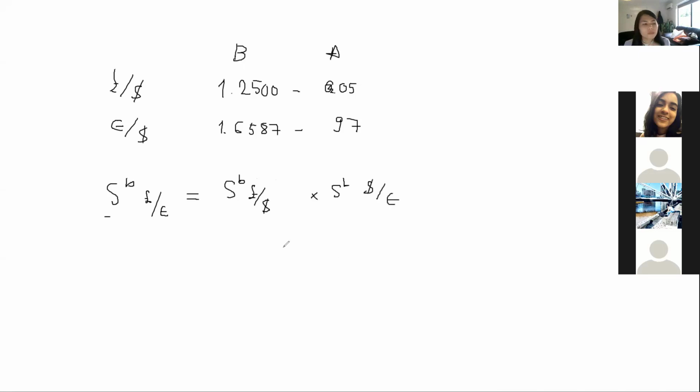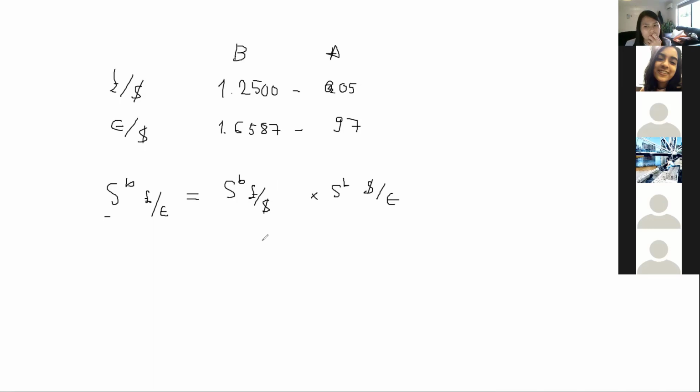Excuse me, you've written it wrongly. That's dollar over euro for the second one. The second quote, this one. No, left. That's dollar over euro. No, this is something I just made up. So let's just go for it for now. Let's say this is what you observe, right?